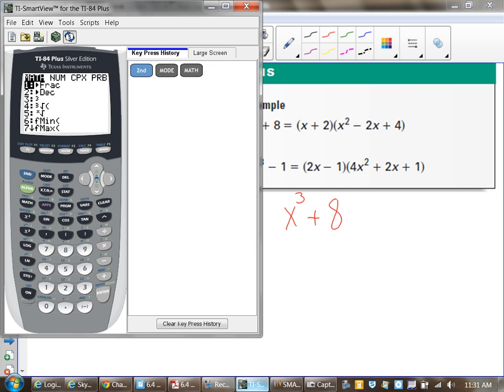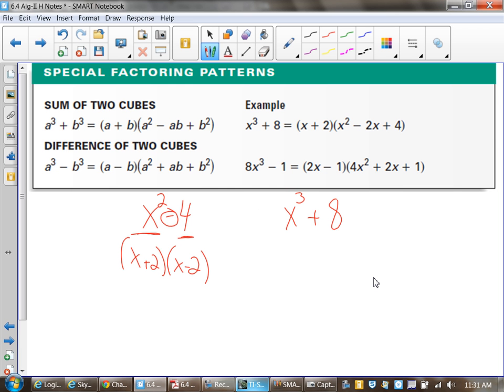I believe it's number 4, it says cube root. Then you can see what the cube root of something is. That's how you can check to see if something's a perfect cube.